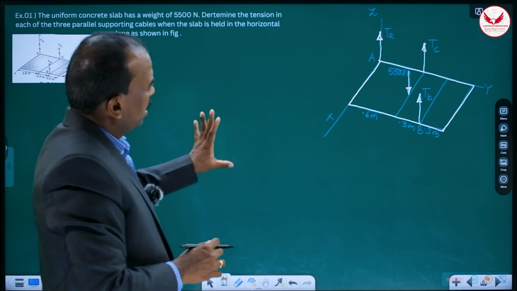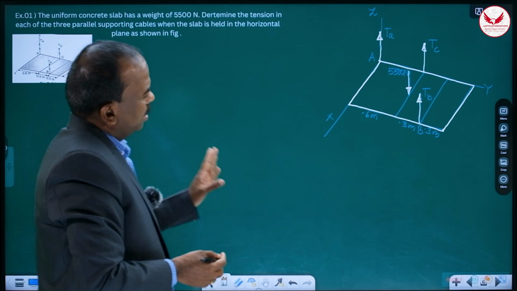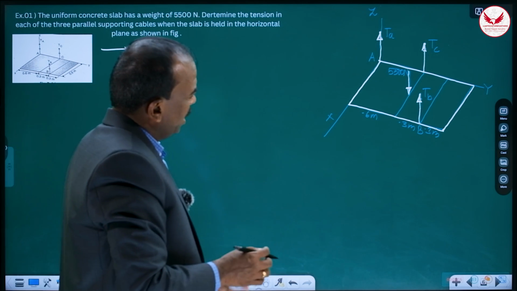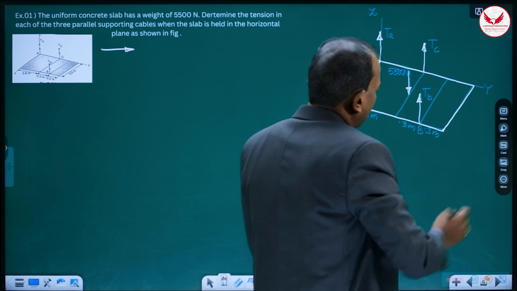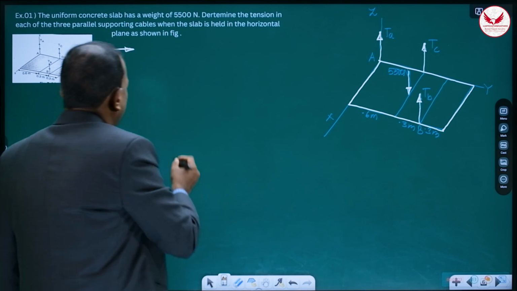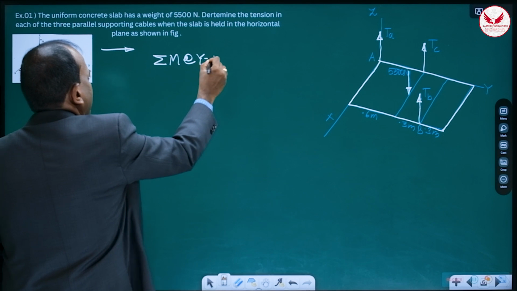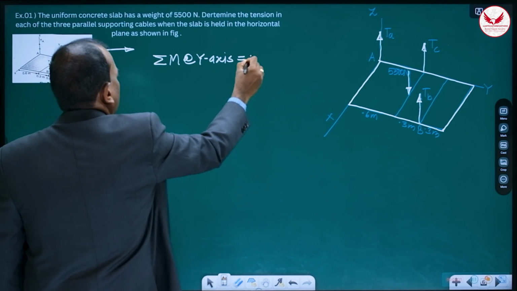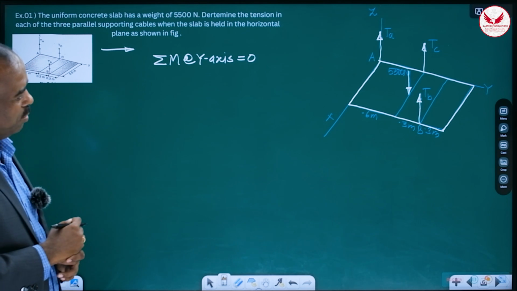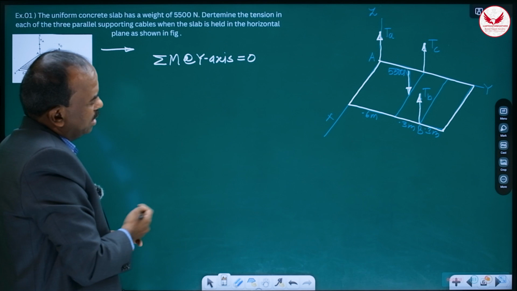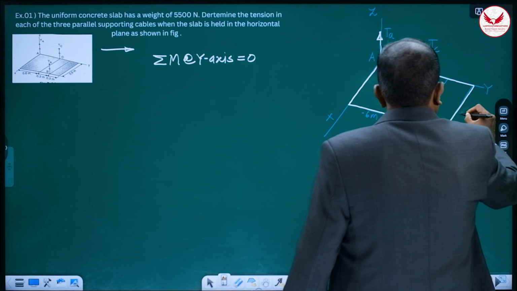Then what I have told, first is the free body diagram, and then second is what? We have to use the moment condition, summation M is equal to 0. Now on y-axis TA and TC is acting. So it is better to use this condition first. Summation M about y-axis is equal to 0. This is the equilibrium condition of moment. Then moment of TA and TC is 0. The moment of TB, so actually it is 0.6.